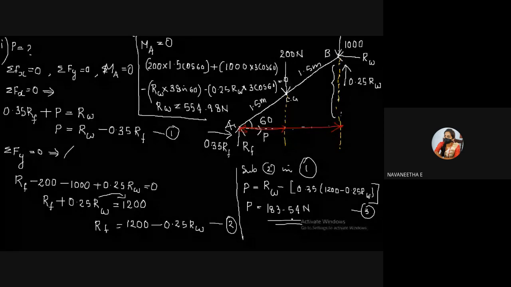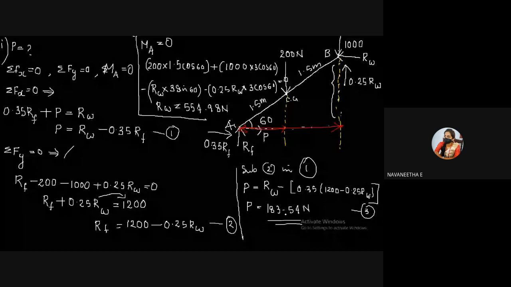The next question is, without applying the force P, we have to make the entire system be in equilibrium. In that case, what will be the inclination of the ladder with the horizontal?